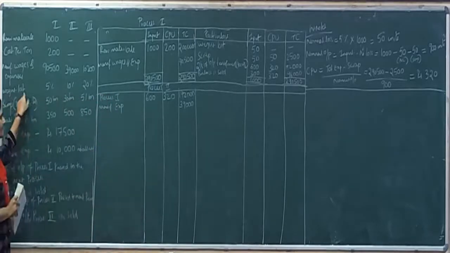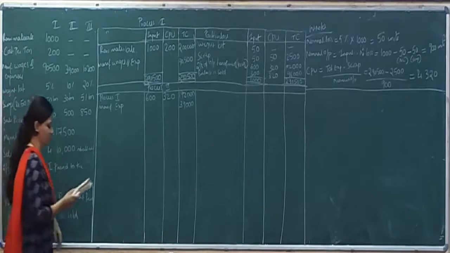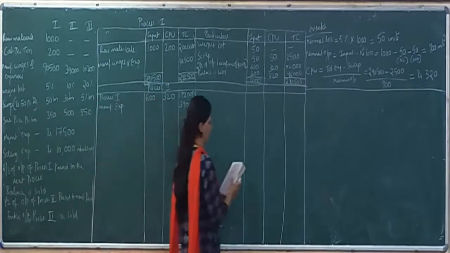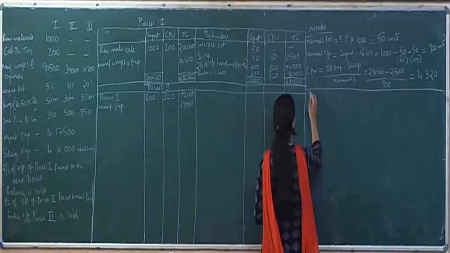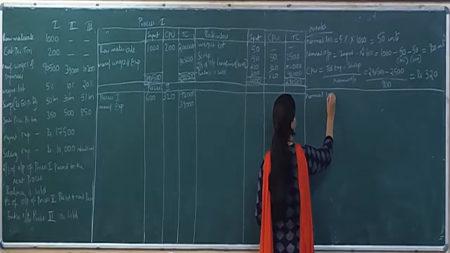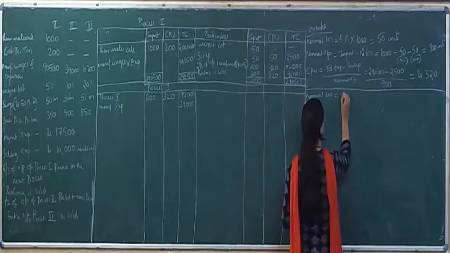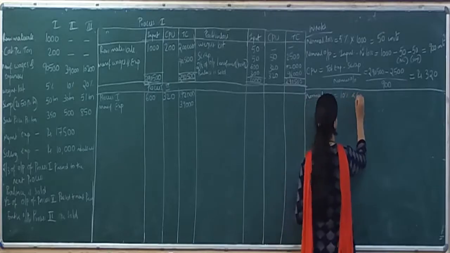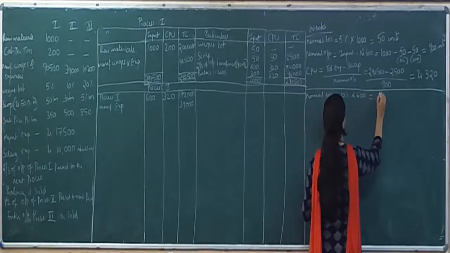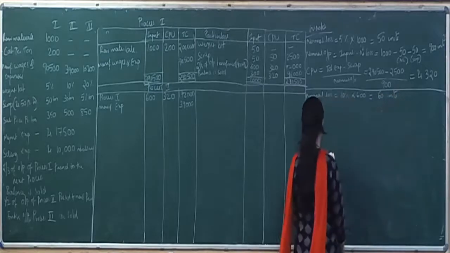Now here they have given weight loss. Weight loss is 10% and the scrap value is 30. So we can show through a working note, normal loss: 10% of input, that is 10% of 600, which comes to 60 units.